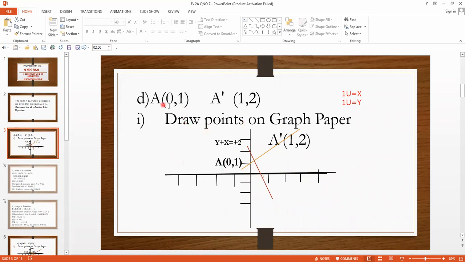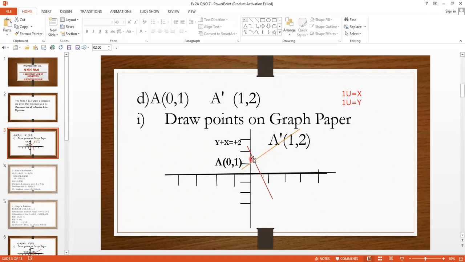So here we have to plot 0 and 1. This means x is 0, on the vertical axis, and the second digit 1 shows the value of y. Here at 1, I have to put a point. Clear? And for A prime, for the x-axis I take 1, and for the y-axis I take 2.